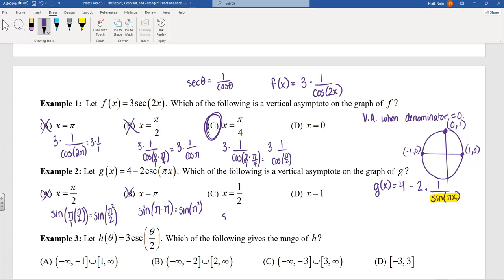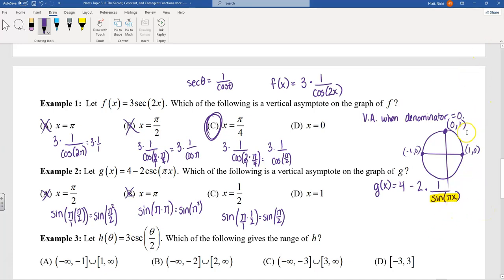I could do sine of pi times 1/2, which if I put the one on the bottom, I've got sine of pi over 2. Now, sine is my y-coordinate. What is the y-coordinate at pi over 2?